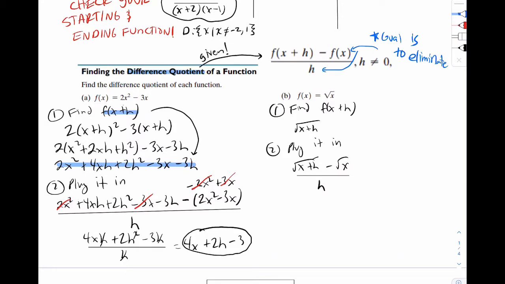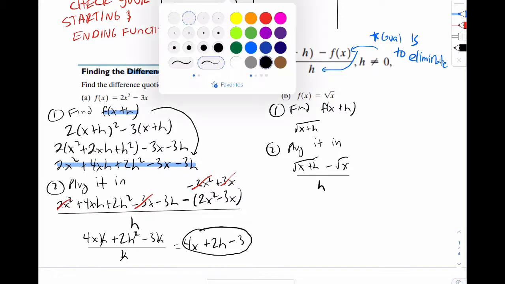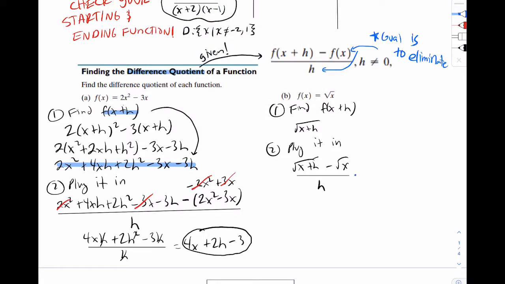So at first glance, it looks like you can't do anything. We're going to use a concept from last chapter, the conjugate. We're going to multiply it by the root of x plus h, plus the root of x, over itself. That's pretty wild. And let's see what happens. The top becomes x plus h minus x.